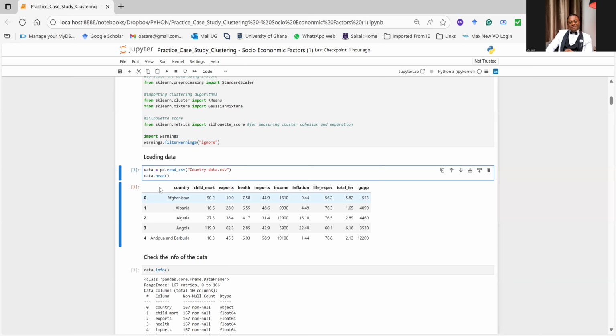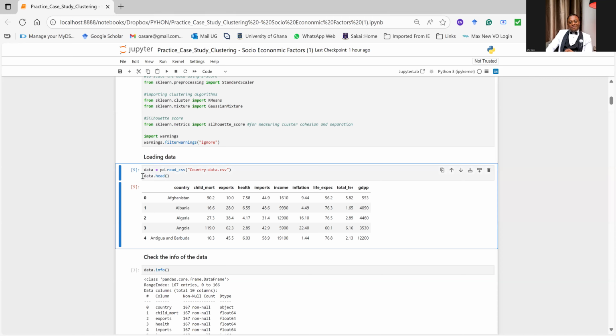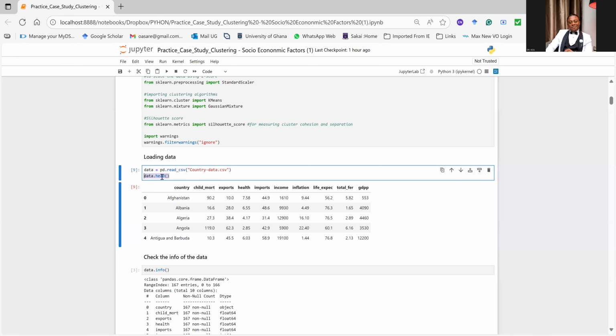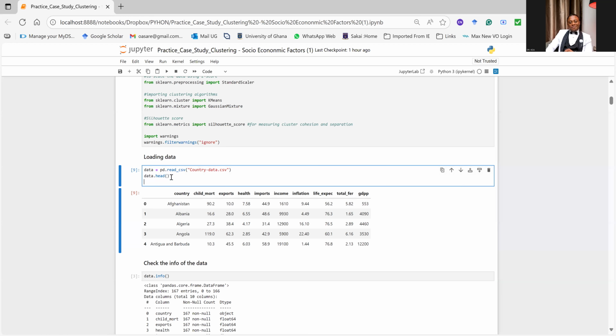Now, this second part here will show the head of the data. The head of the data is just the first 5 rows of the data, which is 0 to 4. So we run this command and you can see that it gives us the head of the data. If you don't want the head but you want the tail of the data, you just change this one to tail, and watch what happens.